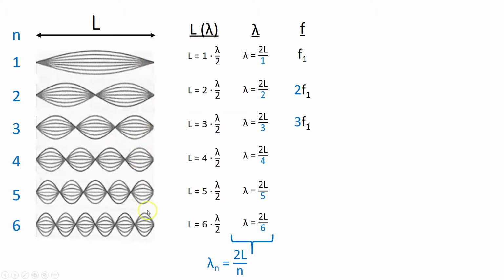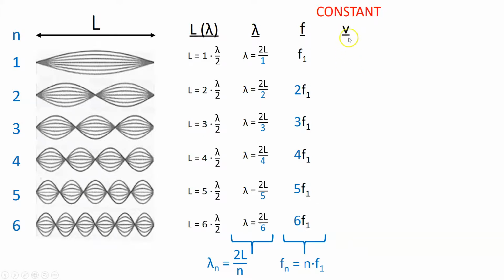This one, 4, 5, 6 times that. And so in order to get the frequency of subsequent members of the standing wave series, you just multiply by whatever the index number is. And then we could say that the frequency of the nth member of the standing wave series is simply the first frequency times n.